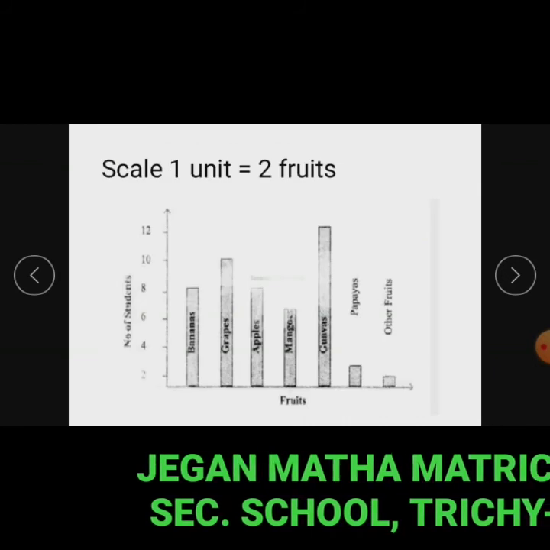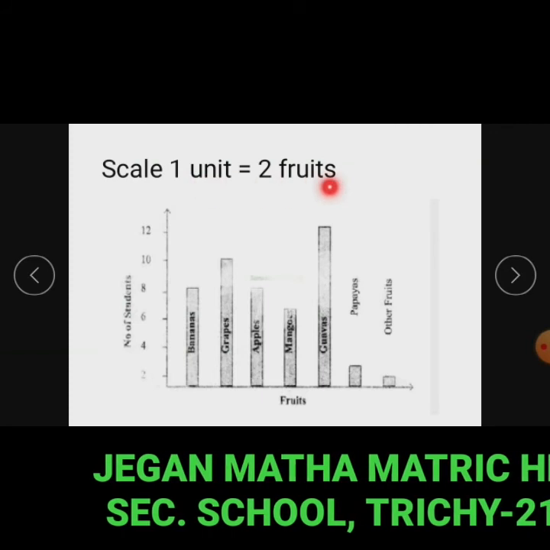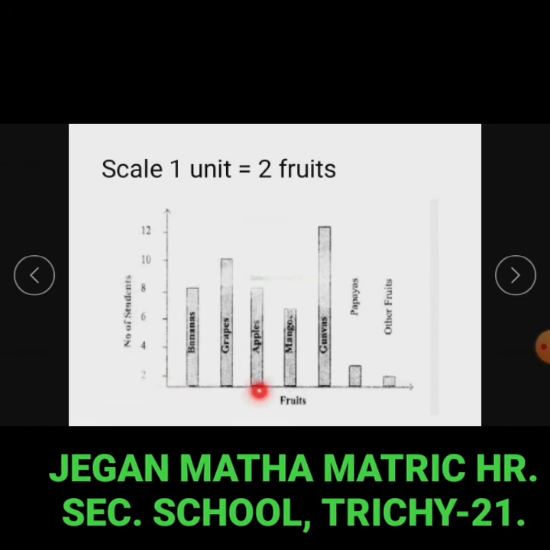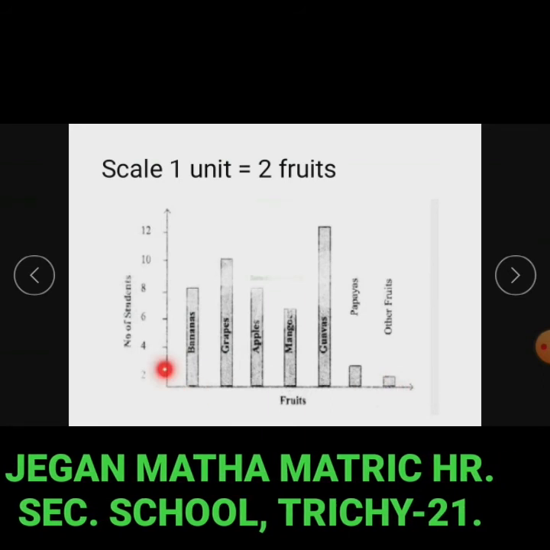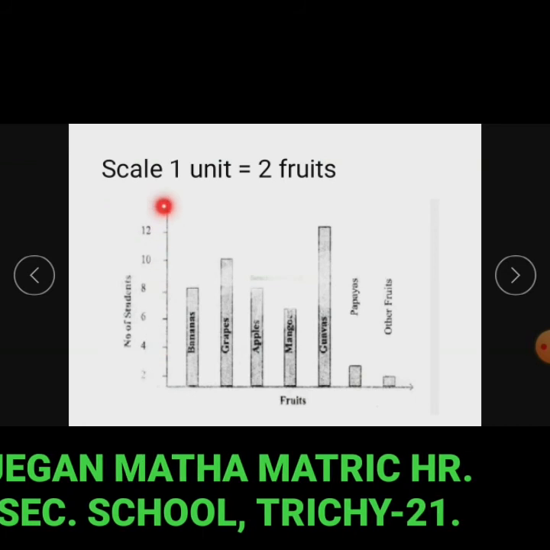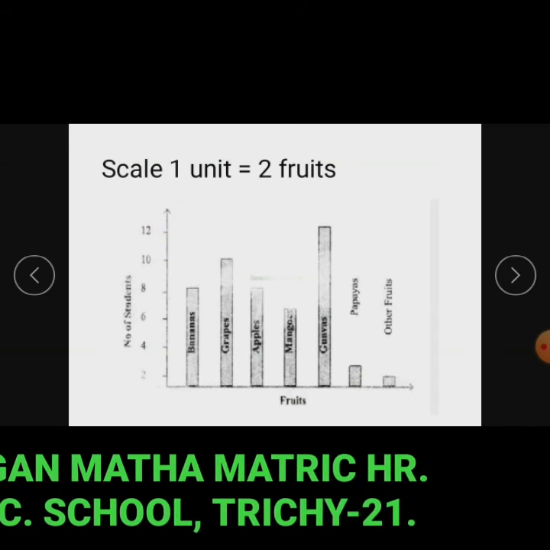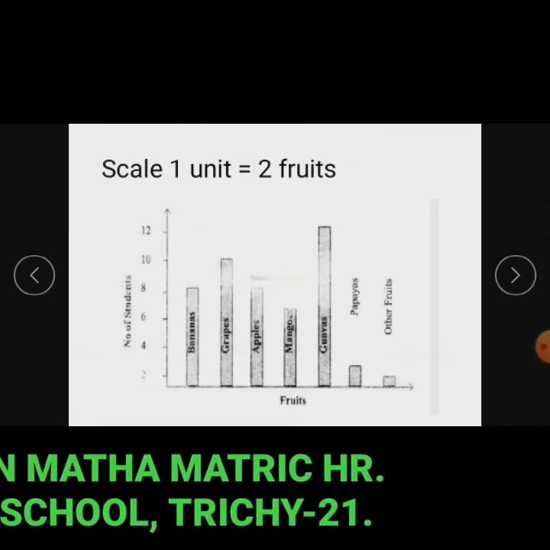Scale of this bar graph is 1 unit equal to 2 fruits. Name of the fruits in horizontal line, number of students in vertical line. The bar graph is drawn here.